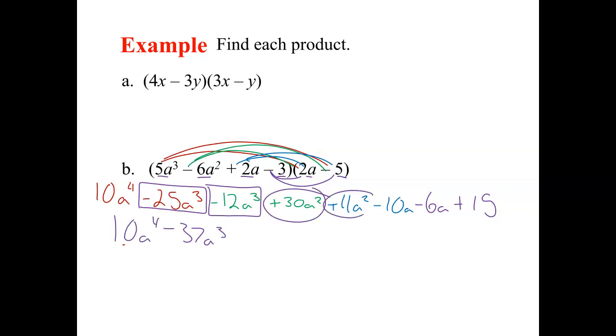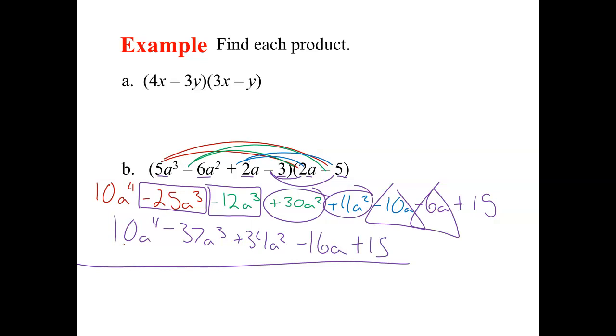That's a 4a squared. And we've got it in order from descending powers. Fun, right?